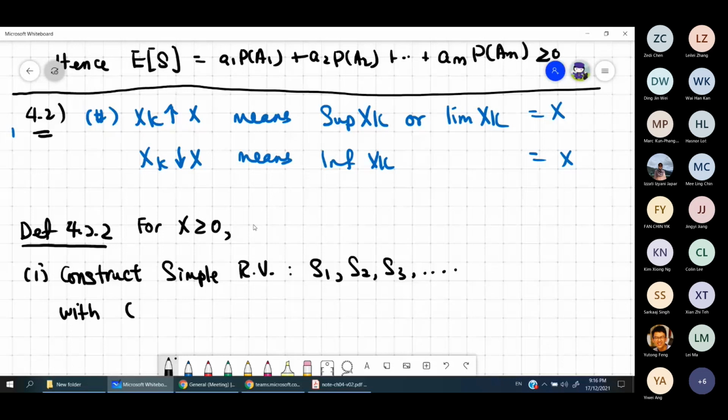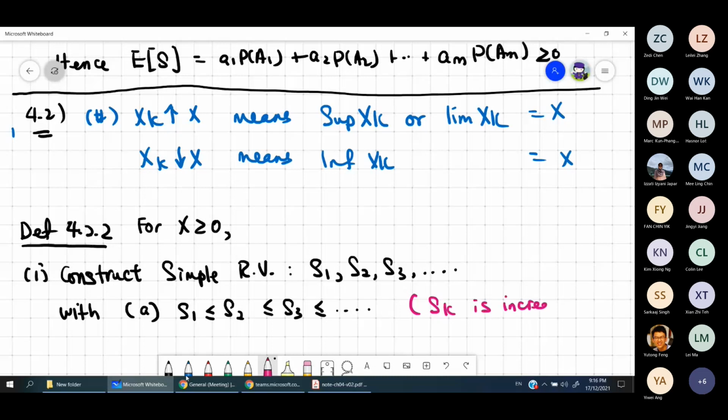A: S1 is less or equal to S2, which is less or equal to S3, and so on. That means it is increasing. So Sk is an increasing sequence.